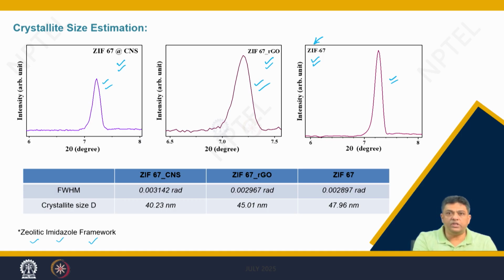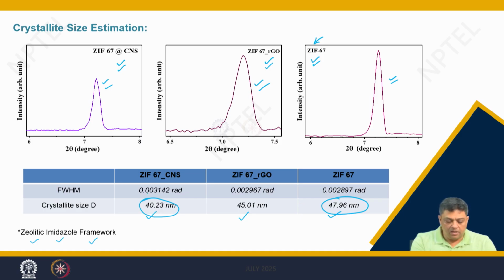Along with that FWHM is changing and intensity is normalized in the 3 cases. So, if you find out, then you will see that the crystallite size in the 3 systems are different. You can go from around 40 nanometers to around 48 nanometers.